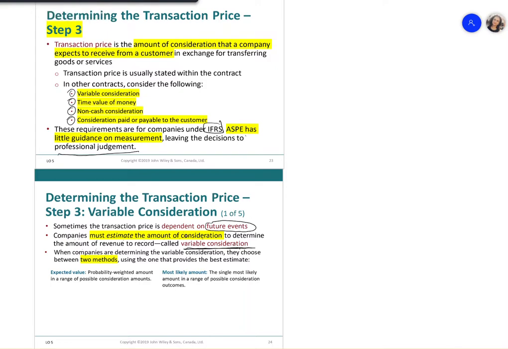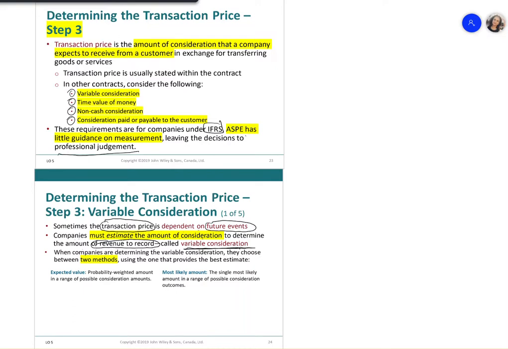If the transaction price you are going to put in for the revenue depends on future cash flows or future events, you must estimate the amount. Of course, if you're going to receive money in the future, you have to estimate the amount you're going to receive to determine the amount of revenue to record.